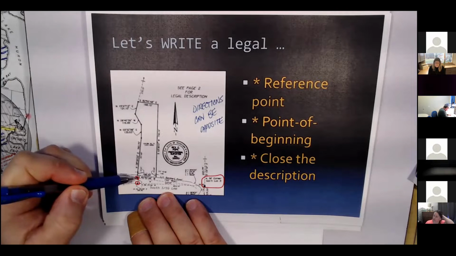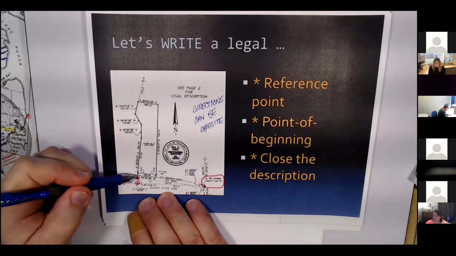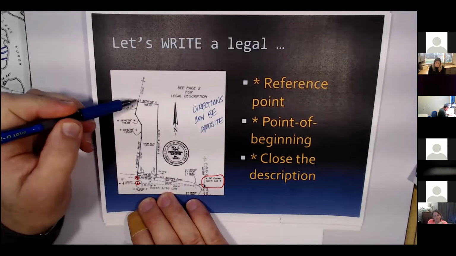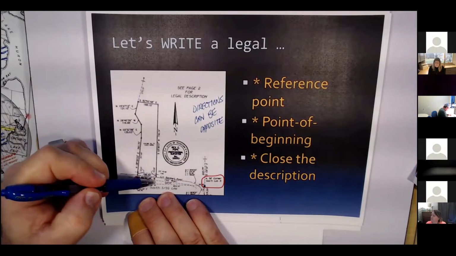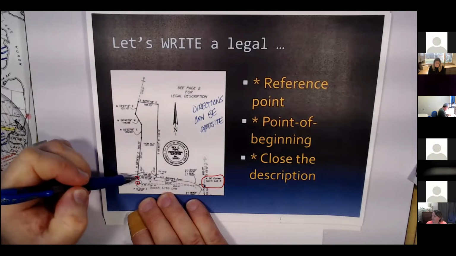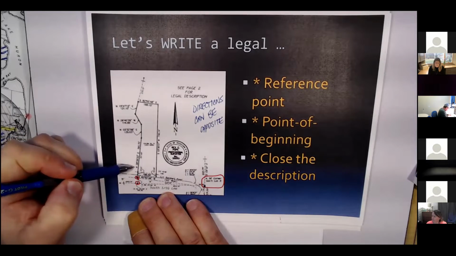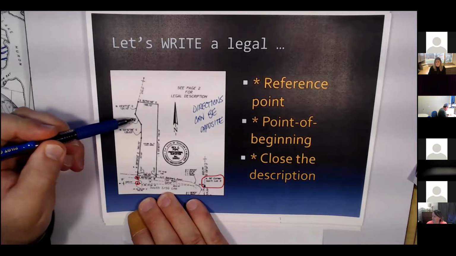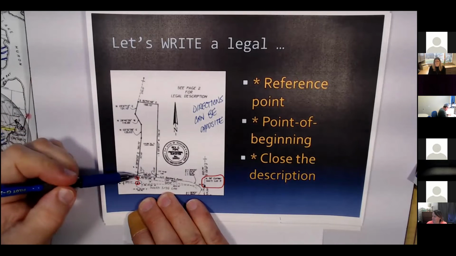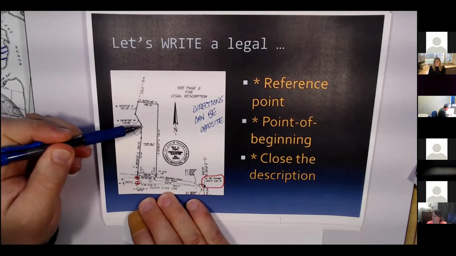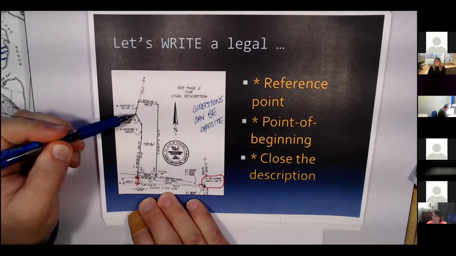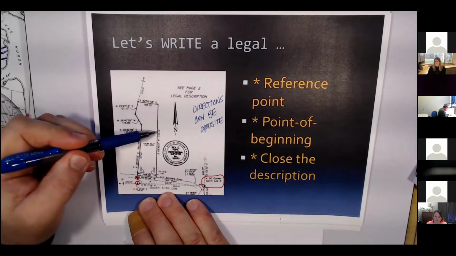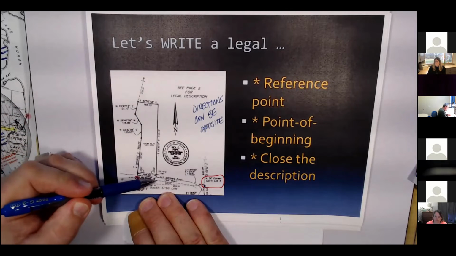The person that wrote this description and surveyed it, essentially what their task is to describe each one of these lines and come all the way back around to this point of beginning. So what you're seeing here by this north here and the south here is the direction in which that line is being mapped. It's going north, it's going northeast, it's going northwest, it's going northeast, now it's going southeast, and finally it's going southwest all the way back to this road.